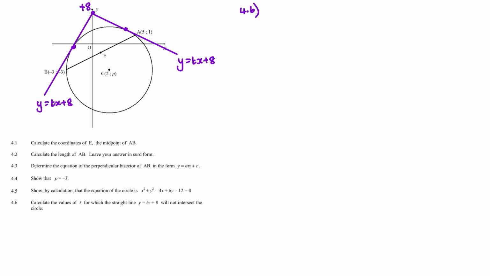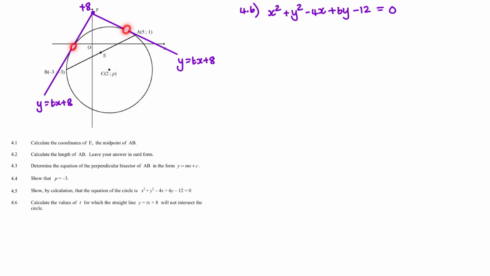We have the equation of the circle as x squared plus y squared minus 4x plus 6y minus 12 is equal to 0. And we also have the equation of a line that touches the circle.